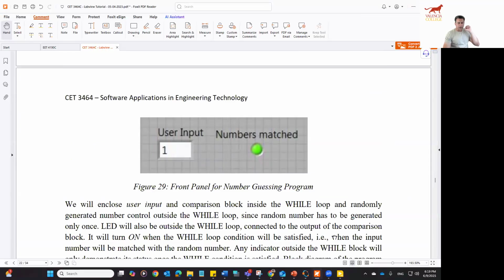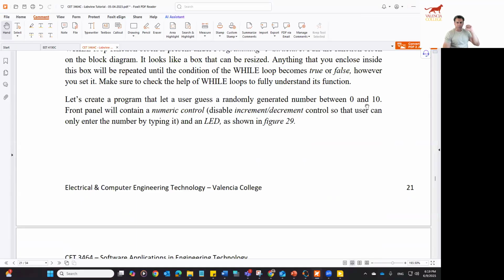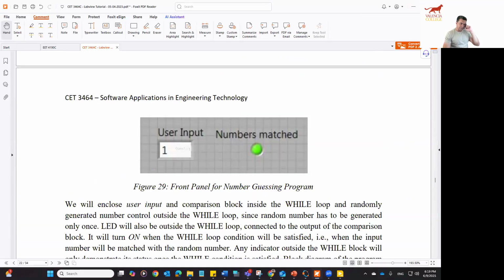In this program, I'm asking the user to enter a number between 0 and 10. The program generates a random integer between 0 and 10 using the random number 0, 1 block, and I'm rounding it off between 0 and 10.